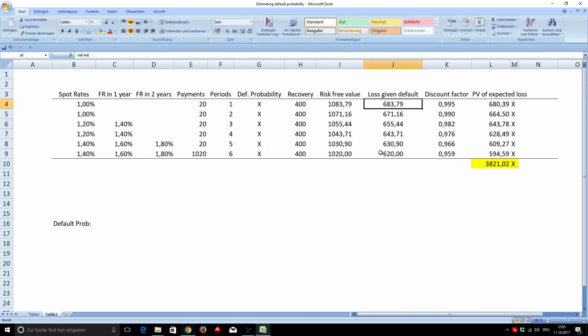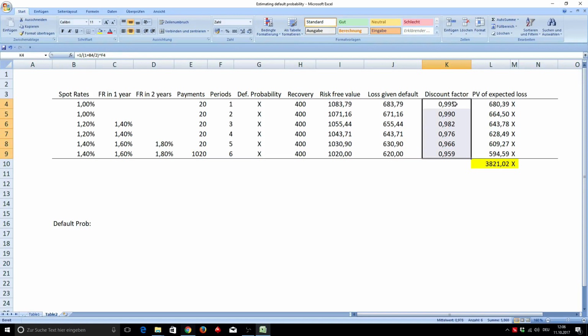Now we have to estimate how much we're going to lose if we default. Since our recovery rate is 40% and we recover approximately 400 euros, we can just subtract these 2 values and get our loss given default on these 6 potential default occurrences. What we do now is discount these losses with this discount factor.